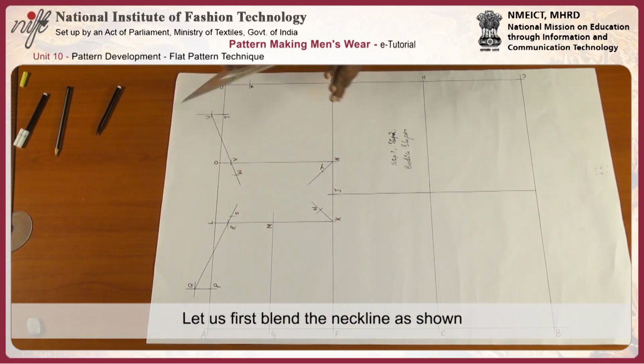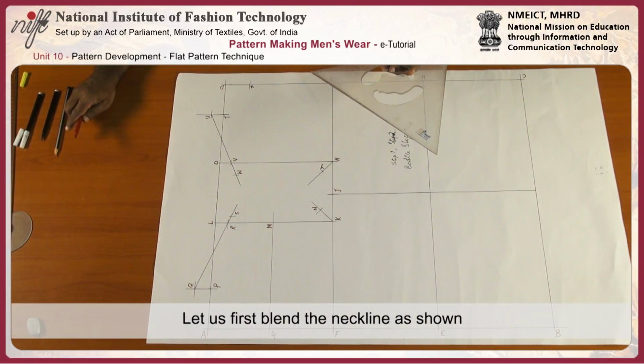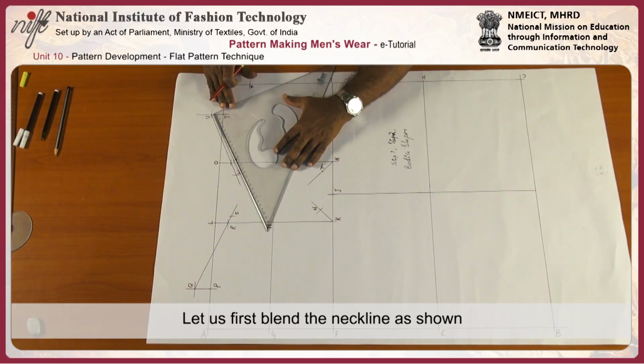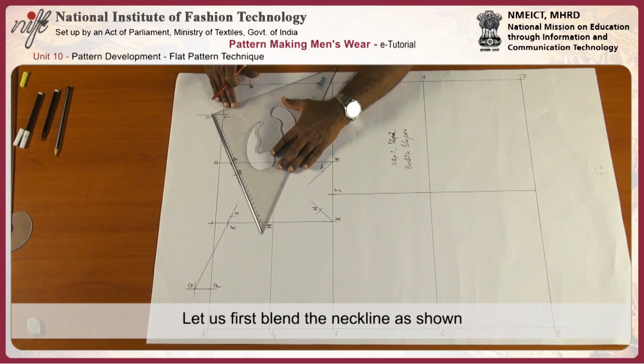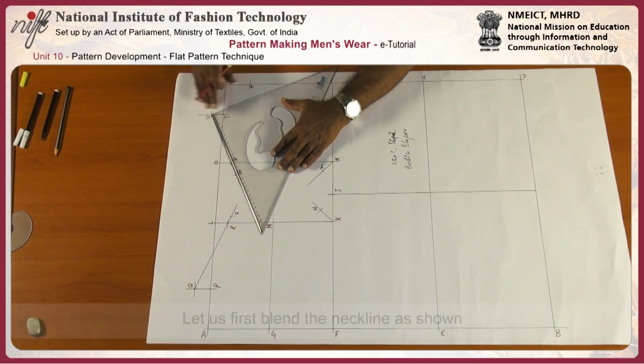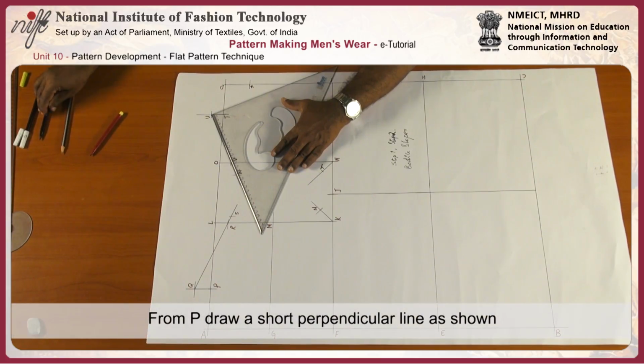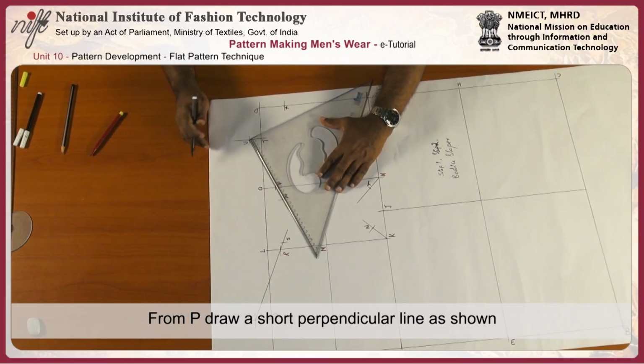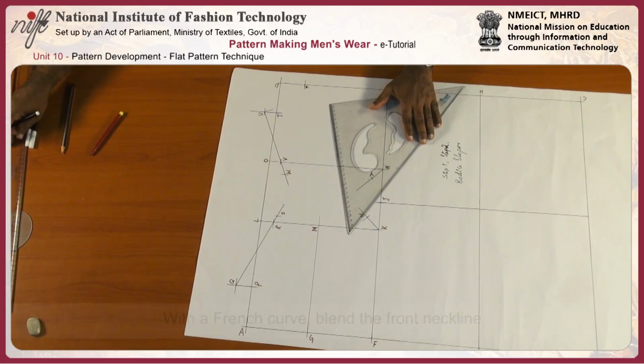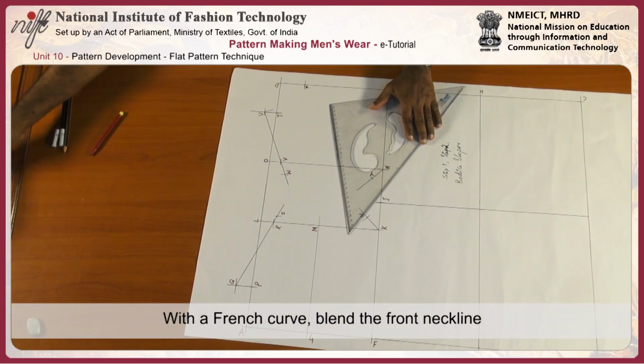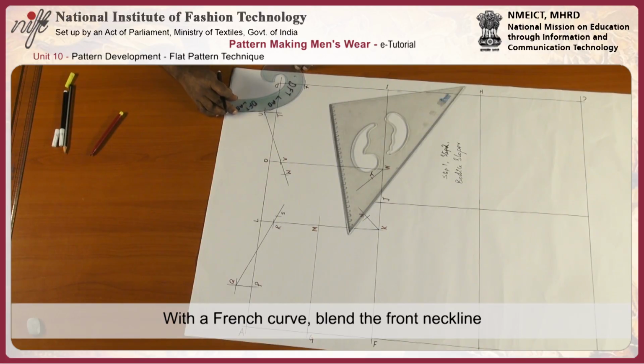So let us first blend the neckline as I am going to demonstrate. From point P, take a short perpendicular line as shown. Then use a French curve and blend the front neckline.